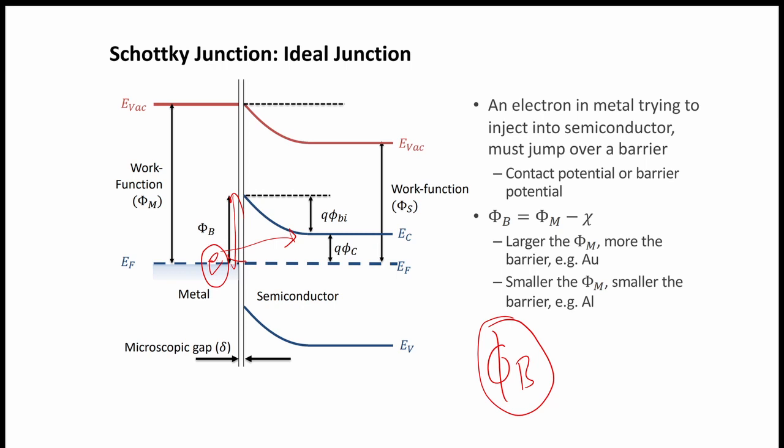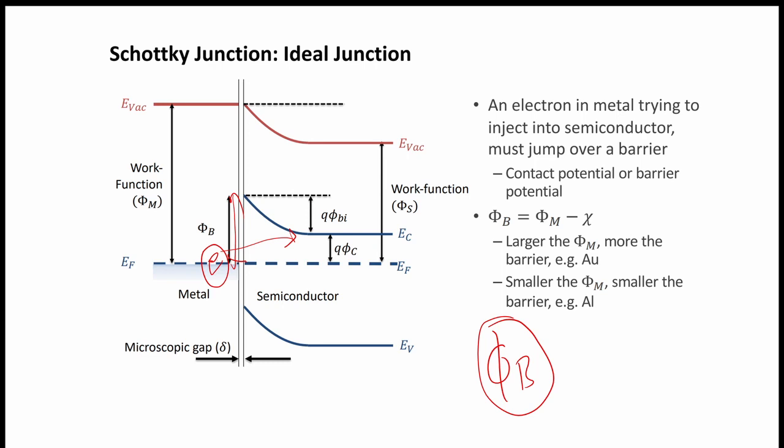Whenever there is an electron that wants to come from the metal to the semiconductor, this is the injection barrier we call. This is important when we are trying to make devices.